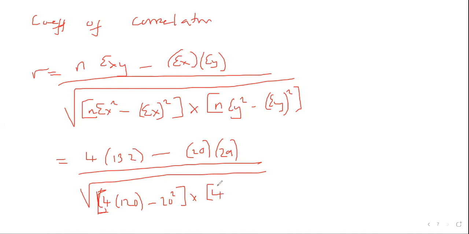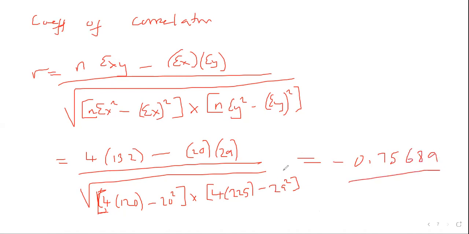Summation of y squared was 225 minus 29 squared. So take your time with the calculator there. When you compute, you find your r will be negative 0.75688 or 89.